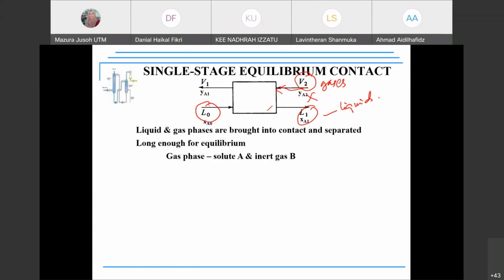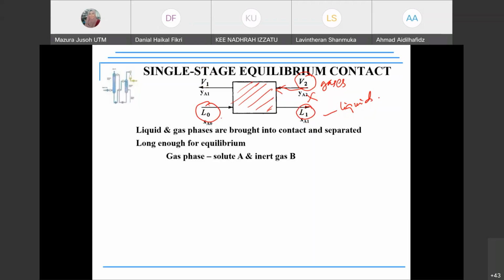When they are in contact in this single stage, A will be transferred into L0. When it's transferred, it goes out of the single stage, not as V1, it goes out as L1. It goes out of the process, the column or the stage, as L1.